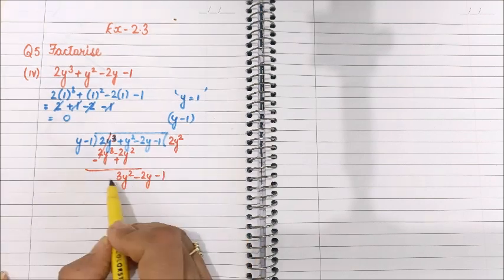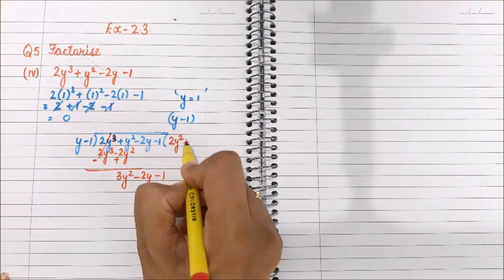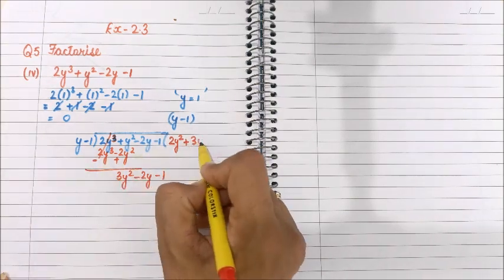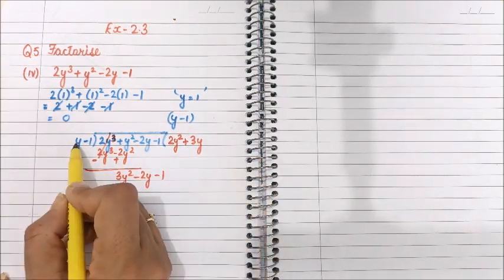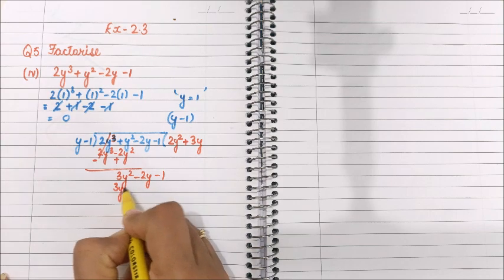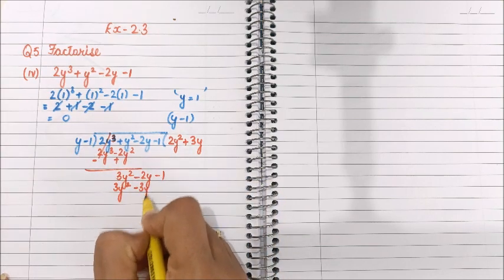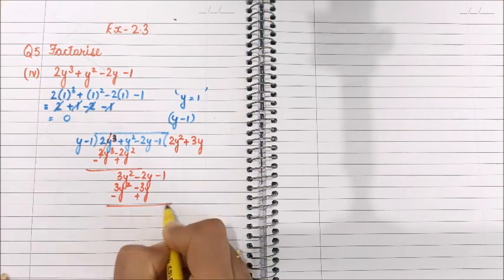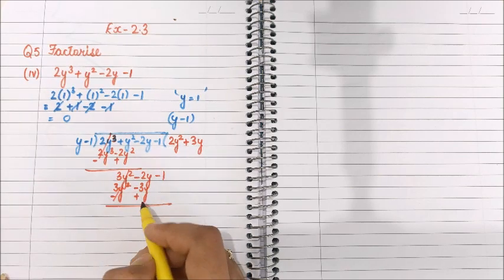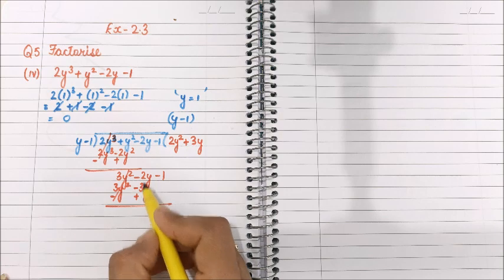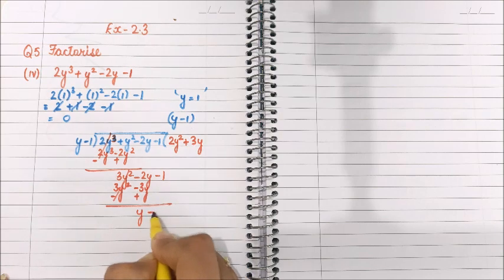Now I want 3y square. So I need 3 and 1y more I need. So 3y with y will give me 3y square. 3y with minus 1 will give me minus 3y. Changing the sign, this will cancel, and plus and minus means we need to subtract, 3 minus 2, y minus 1.